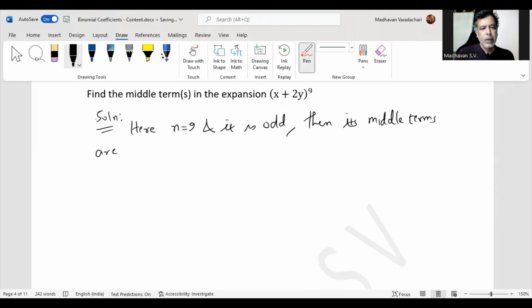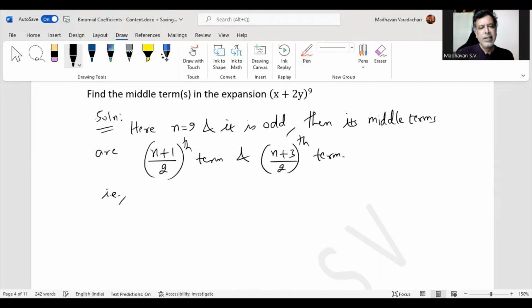One is n plus 1 by 2th term, and the other one is n plus 3 by 2th term. That is n is 9, 9 plus 1 by 2 is the 5th term, and 9 plus 3, 12, 12 by 2 is the 6th term. So the 5th term and 6th term are the middle terms.